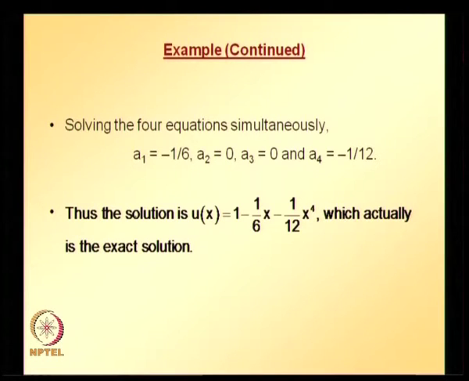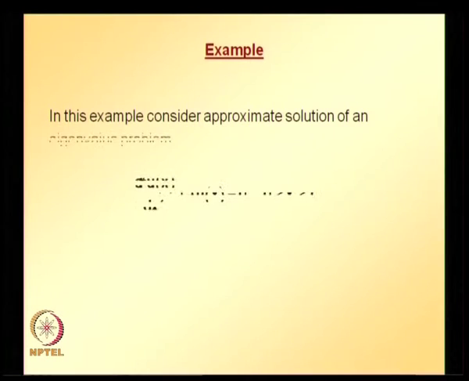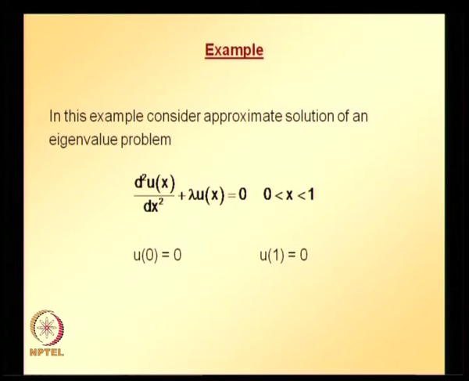And what I will do is I will show you the next example on an eigenvalue problem, and this is an eigenvalue problem. Why is it an eigenvalue problem? If you see this differential equation, you have one quantity lambda there, because of that it becomes an eigenvalue problem, and this differential equation needs to be satisfied over the domain 0 to 1, and as you can guess this is a second order differential equation.